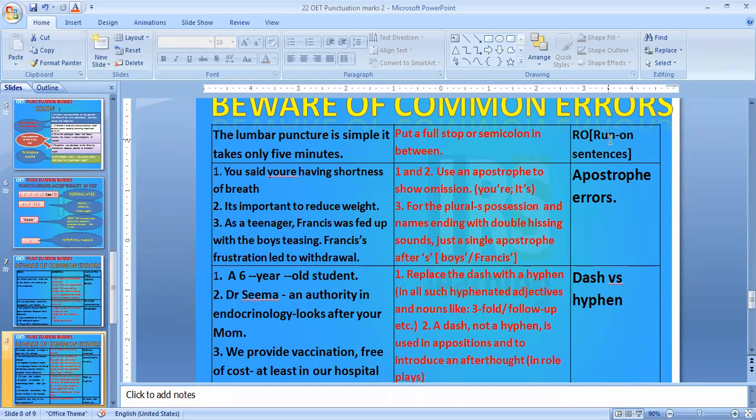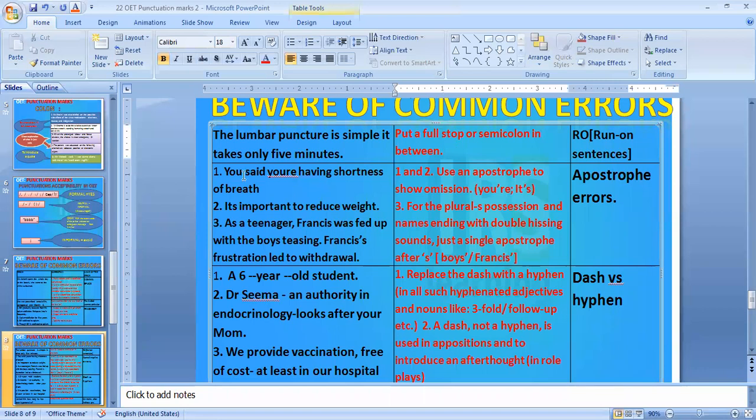Both the sentences are running without a stop. You should put a full stop here, then I capital, or semicolon, I small letter. So put a full stop or a semicolon in between. That's the point.